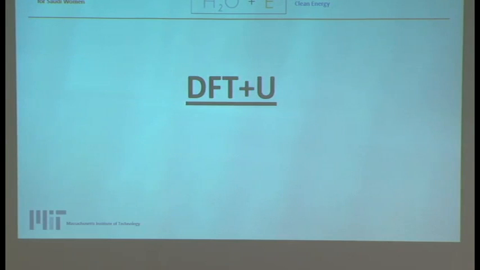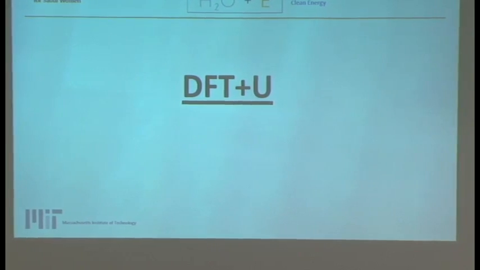So we next run the DFT plus U calculations. We run for different suggested values of U for the manganese atom, until we find a suitable value of about 8 electron volts. We added this value to the Hamiltonian.